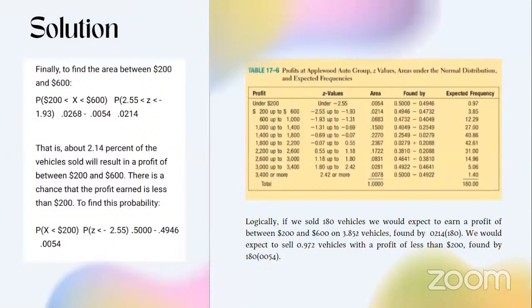For the solution, finally, to find the area between $200 and $600: P($200 < X < $600) = P(-2.55 < Z < -1.93) = 0.268 - 0.0054 = 0.214.